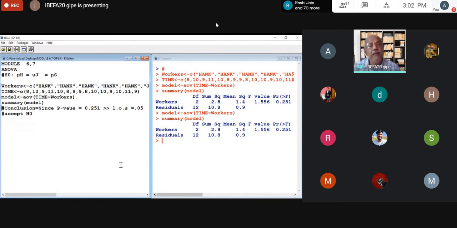This is called one-way ANOVA technique, because only workers. Let us look at the next question. Sir, is it the only syntax or are we using a shortcut? Only syntax. Model is assigned by AOV time versus workers.